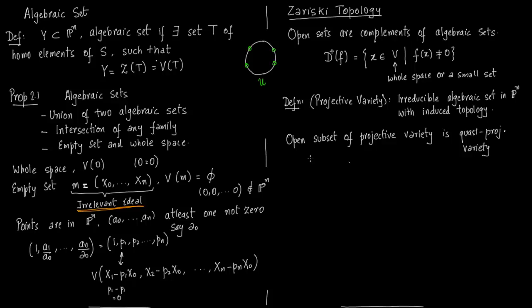One of the last things I want to talk about on this slide is the homogeneous ideal, and then the corresponding homogeneous coordinate ring.